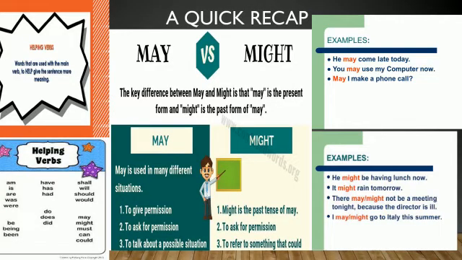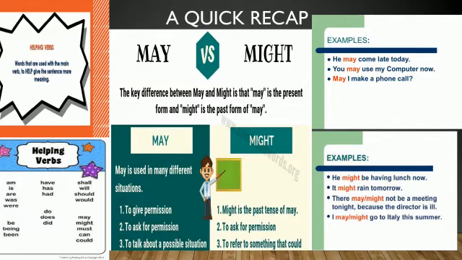Children, hope you all have understood what helping verbs are. Let's have a quick recap of what we learned today. We learned helping verbs, words that are used with the main verb to help give the sentence more meaning.